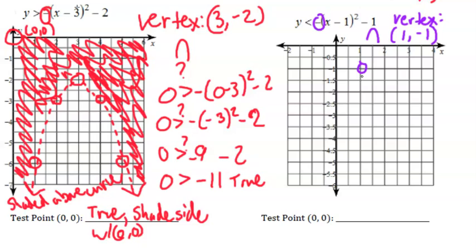And then go ahead and plot some points. So 2, 3, 4, 5, 6, 7, 8. Again, I'm counting to 8 because these are in increments of 1/2 instead of the usual 1. Okay, let's test the point (0, 0).